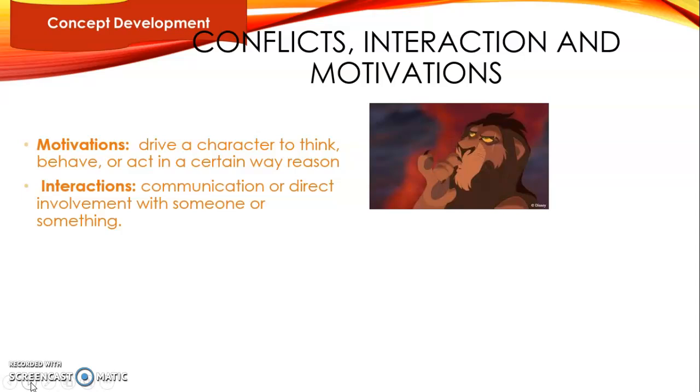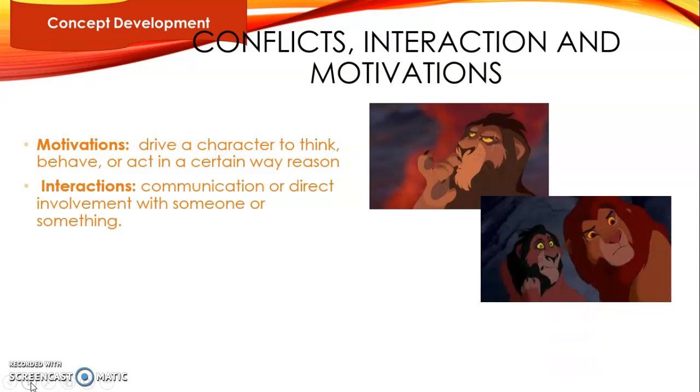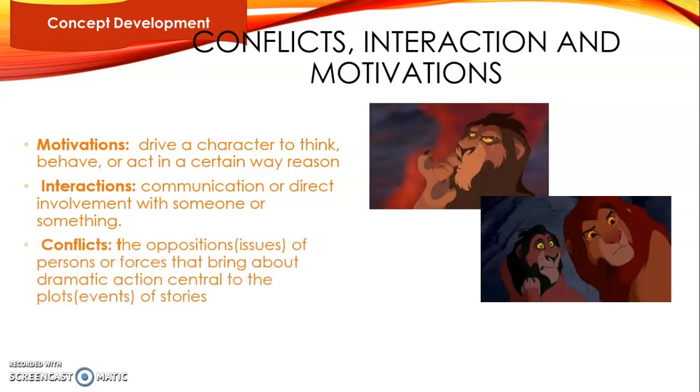When we think about things that happen in our life, right? For example, let's take Scar. Scar was upset at how Mufasa ran the Pride Lands. His interaction with him, as we will see, is one that is fake at times, is one that's angry at times, and how he interacts with Mufasa helped to create his conflicts.